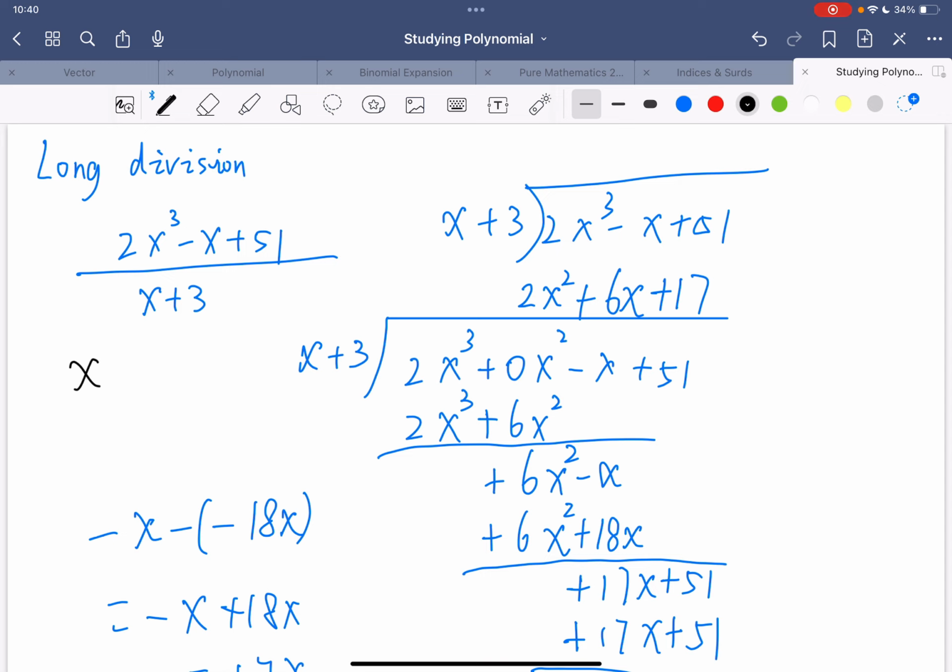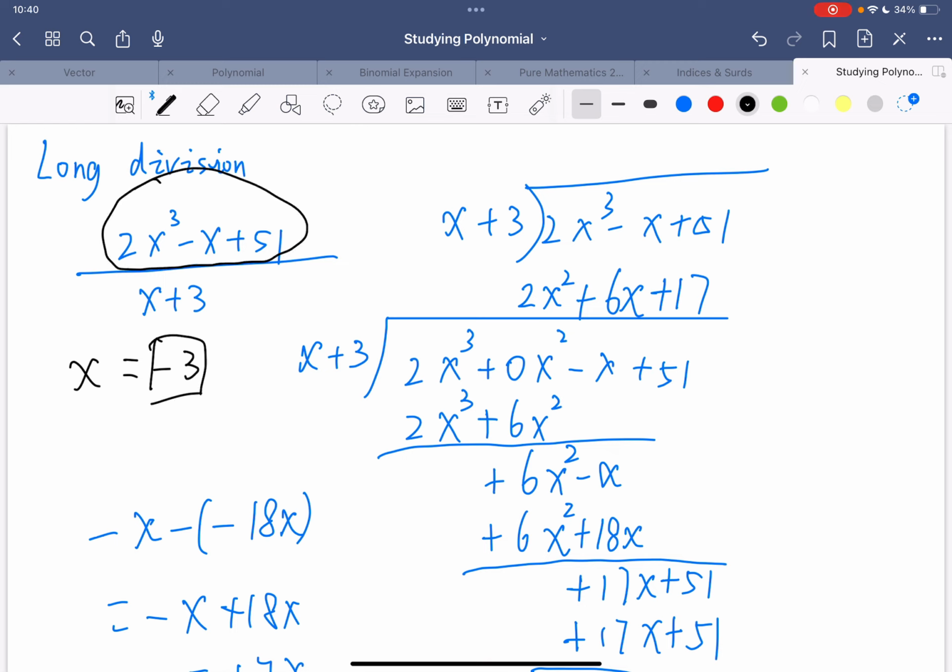Okay, now what if we let x equal -3? Bring this value into the upper equation here.